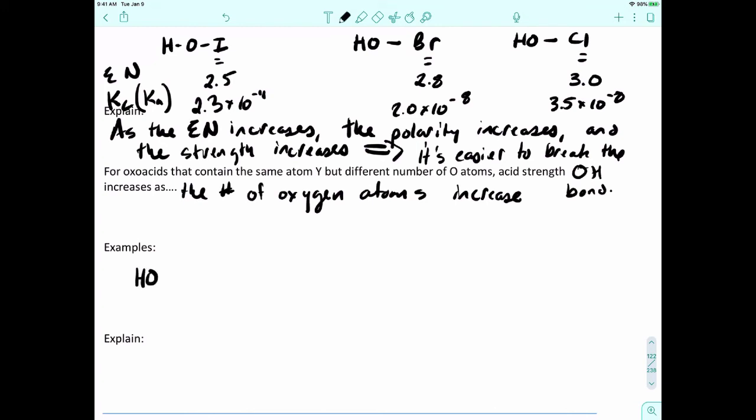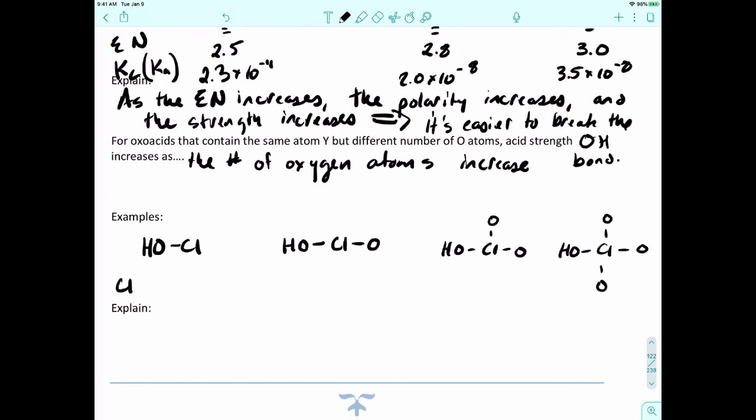You have an OH bonded to Cl, and that Cl is bonded to another oxygen. And then the next one, OH bonded to Cl, and that's going to be bonded to two other oxygens. And then finally, OH bonded to Cl, bonded to three oxygens. Okay.